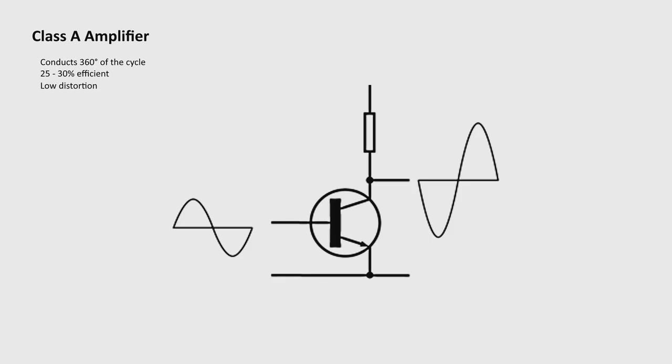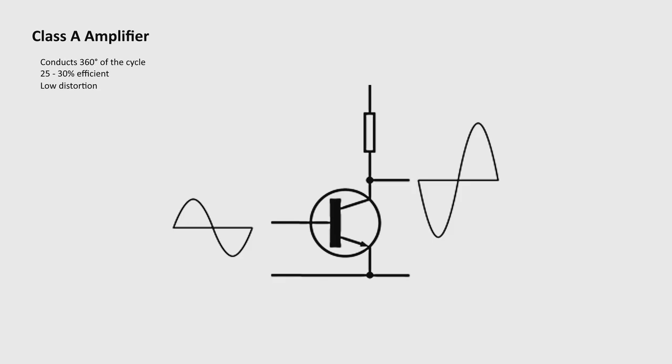Class A is the best class of amplifier. It's even better than the Class D and some of the others because the Class A device is conducting 360 degrees of the cycle. So that transistor is switched on in this example and operating for a full 360 degrees of the cycle, 100% of the time.